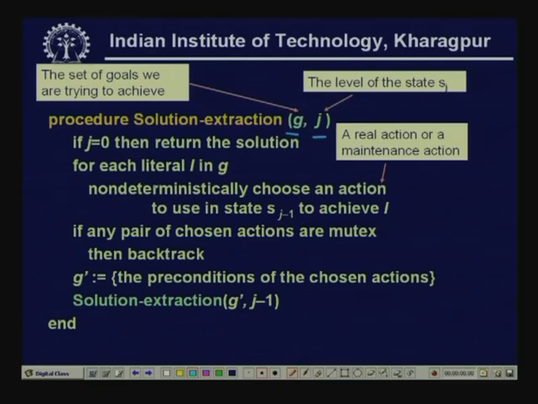Once we have chosen actions for each of the literals in the goal, if any pair of chosen actions are mutex, then we backtrack. Otherwise, we get G prime, which is the set of preconditions of the chosen actions, and then we recursively call solution extraction on G prime and j minus 1.